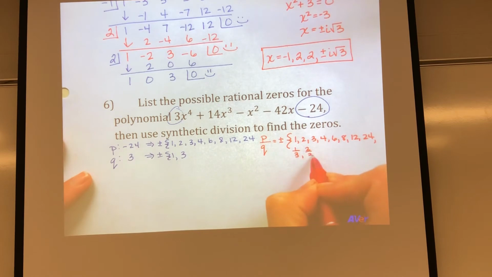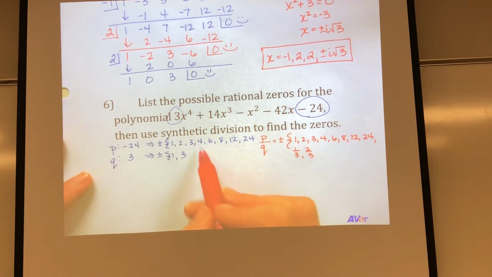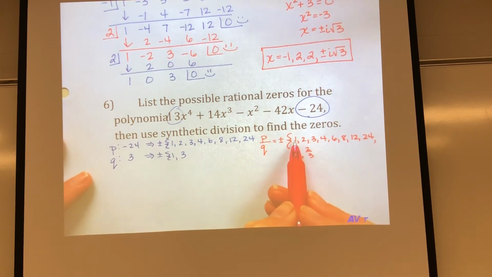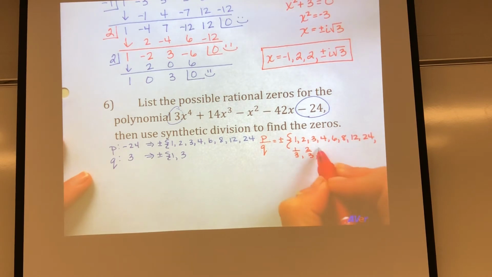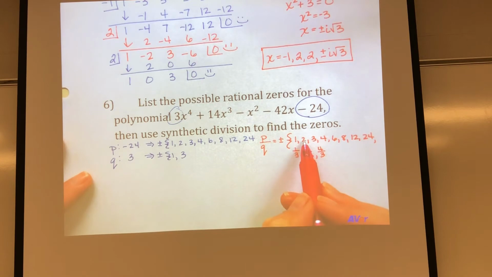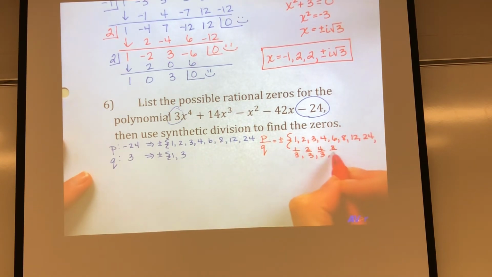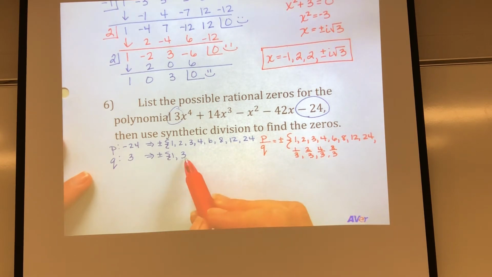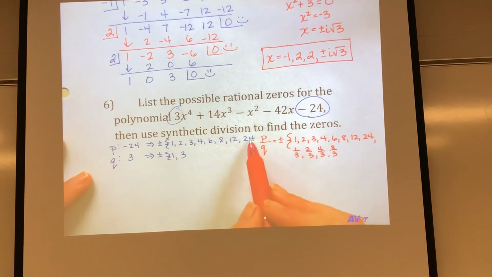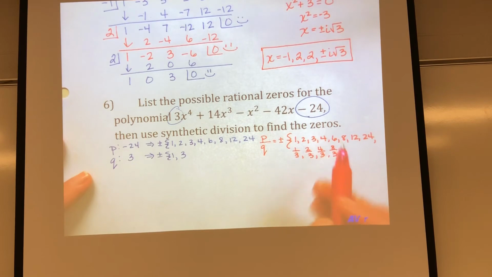2/3 is not on our list when we take 2 divided by 3. But 3 divided by 3 is 1, and that's already on our list, so we're not going to state that again. 4/3 is new. 6/3 is 2, so we don't need that one. 8/3 is new. 12 divided by 3 is 4, already have it. 24 divided by 3 is 8, already have it.